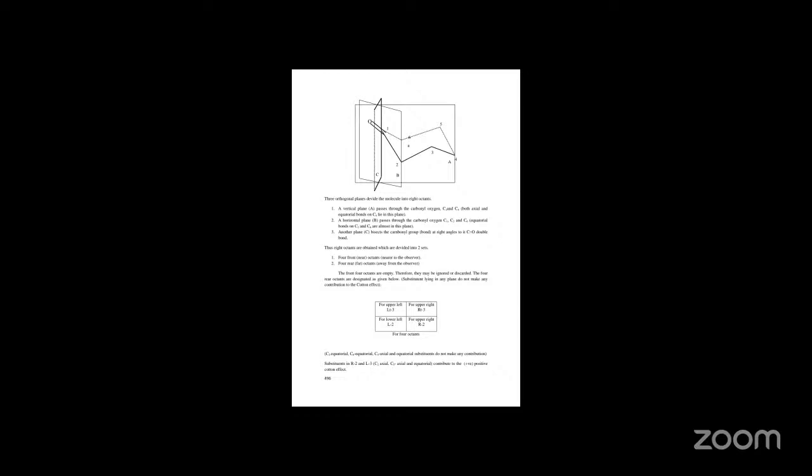A horizontal plane B passes through the carbonyl oxygen, C1, C2, and C6. And another plane, C, bisects the carbonyl group. So here this is the C plane.